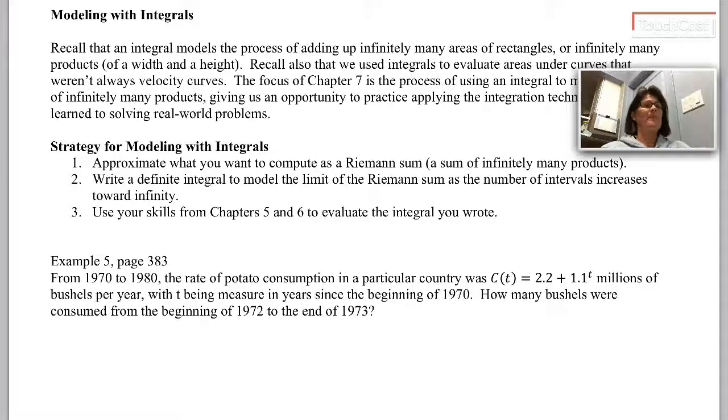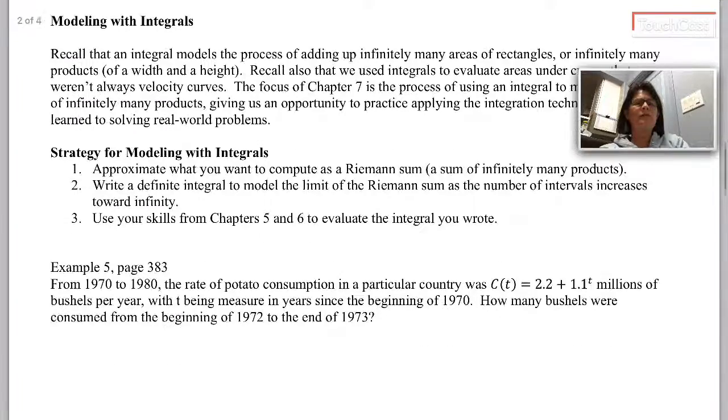If this were like 5 million bushels per year, I would just multiply the number of years by 5. But my C of t actually changes with time, so I have to break up my multiplications into infinitely tiny chunks, the same way I had to break up my velocity function into infinitely tiny chunks and multiply miles per hour times a teeny tiny change in the hours. So this is the integral I want to write.